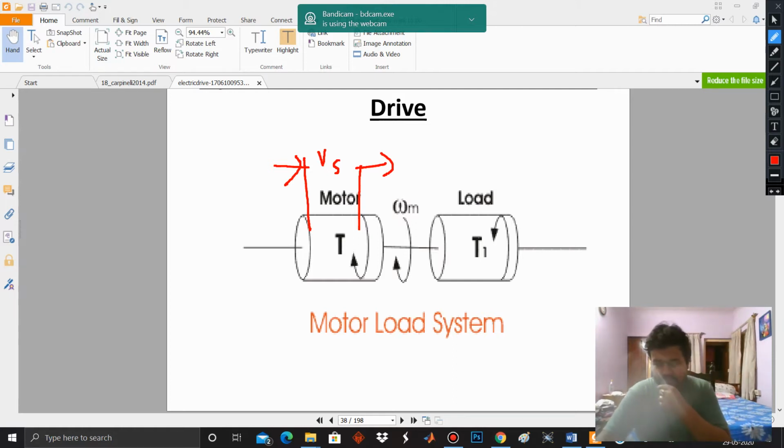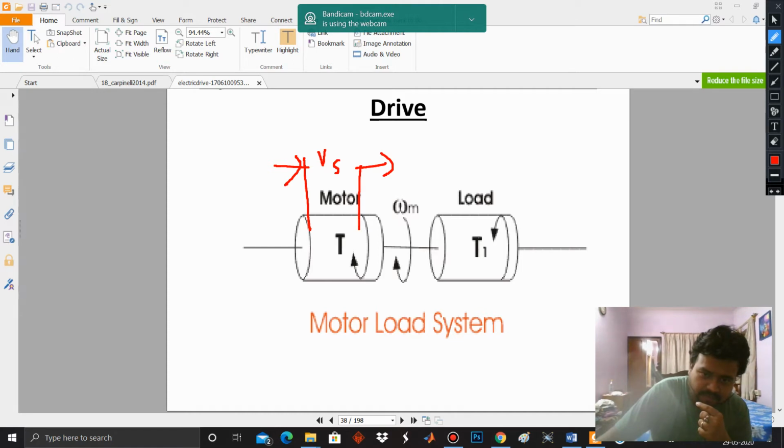As it is connected to the supply, it produces a motor torque which is given by tau, and it produces a motion in this direction whose speed is omega m, and the load is directly coupled to the motor shaft.